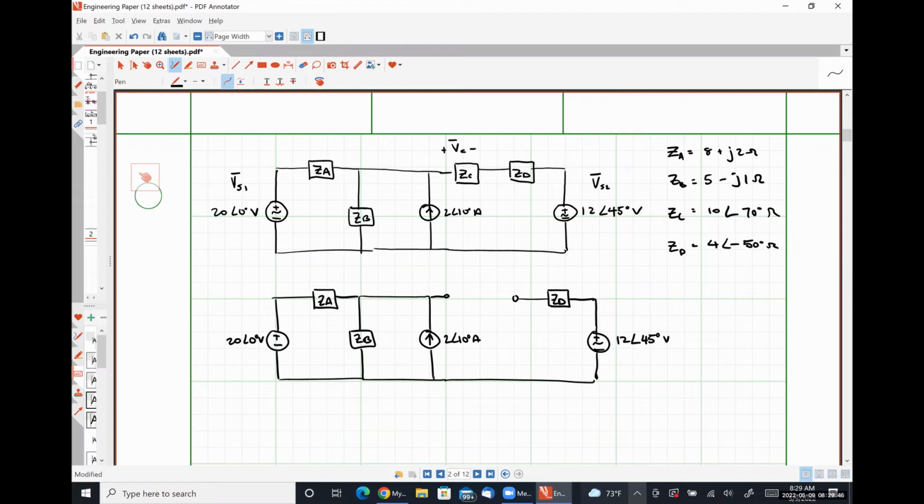And so I'm not going to find the Norton current, because that would give me a 3-loop system that would take a lot more work to do than finding the Thevenin equivalent voltage and the Thevenin equivalent impedance. So let's define our Thevenin voltage, VTH, like so.